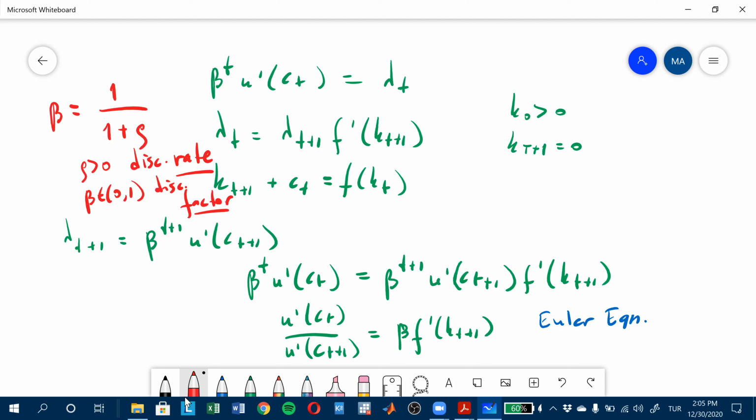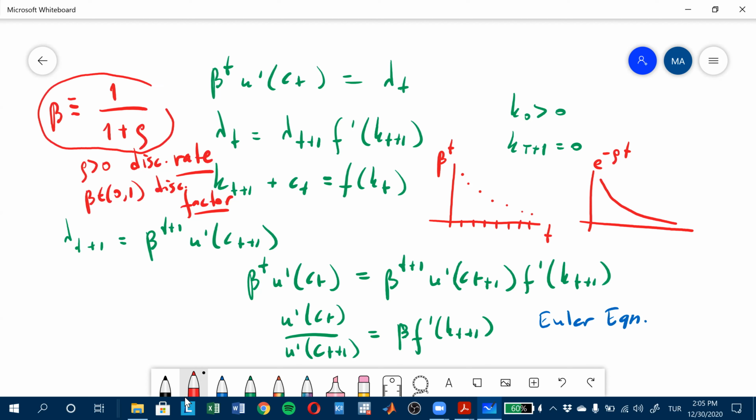This ensures that they discount at the same pace. If this is discrete, this is beta^t, and then you have e^{-rho t}, where t is continuous. So the pace of decrease will be the same. Under this relationship, that must be the case.